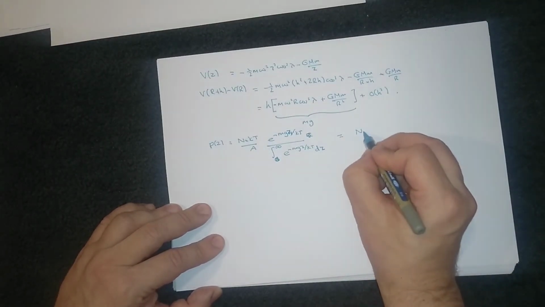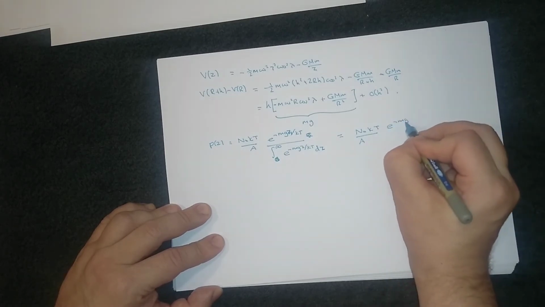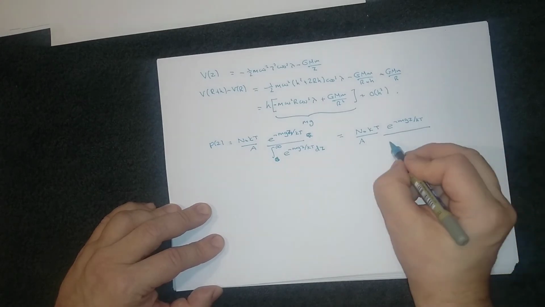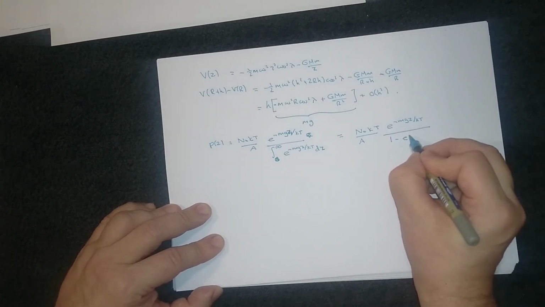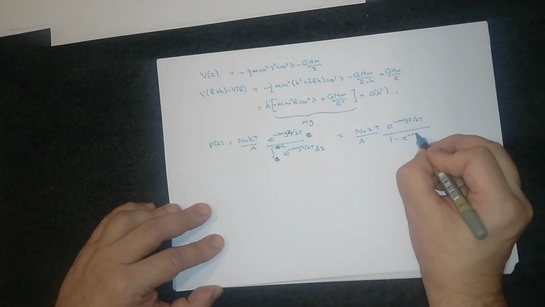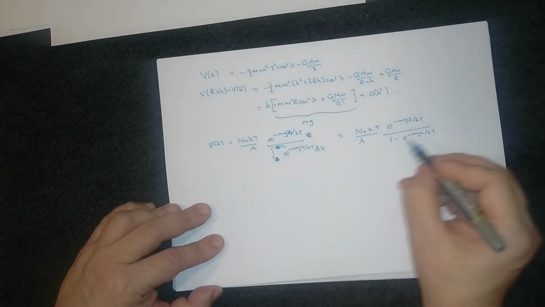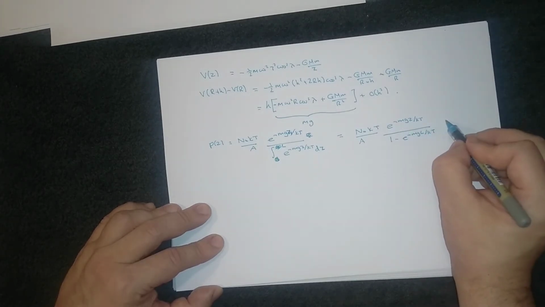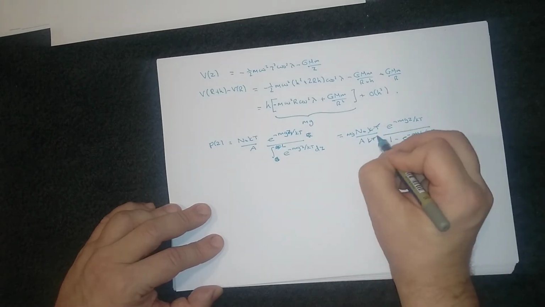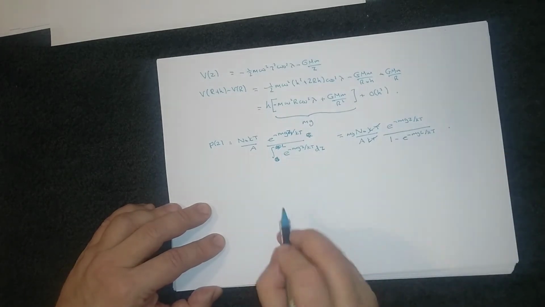And that's equal to N0 kT over A e to the minus mgz over kT divided by 1 minus e to the minus mgL over kT, and I've got to multiply by an mg over kT. That gives me that expression.